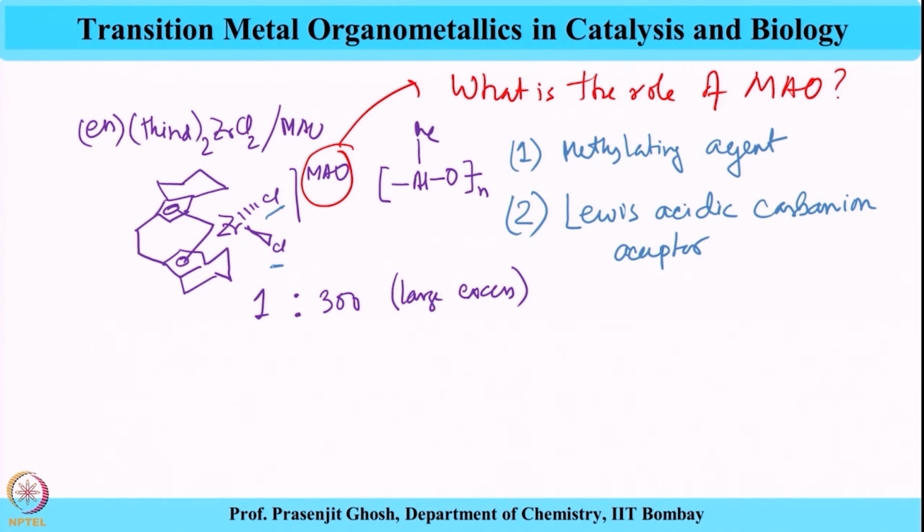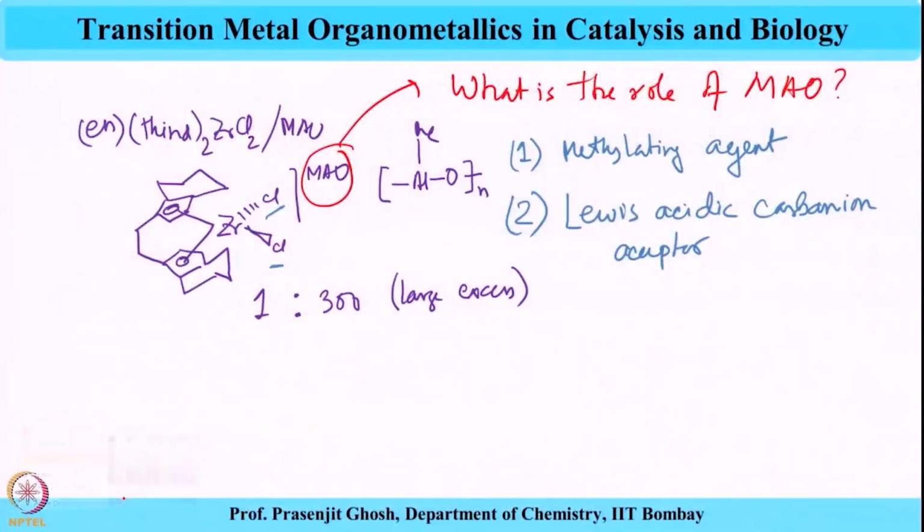These are highly electron deficient Lewis acidic species. After they have methylated the halide, they abstract one of the methyls. So, it is not only a methylating agent, but also a methyl anion acceptor. That is why it is called a carbanion acceptor.